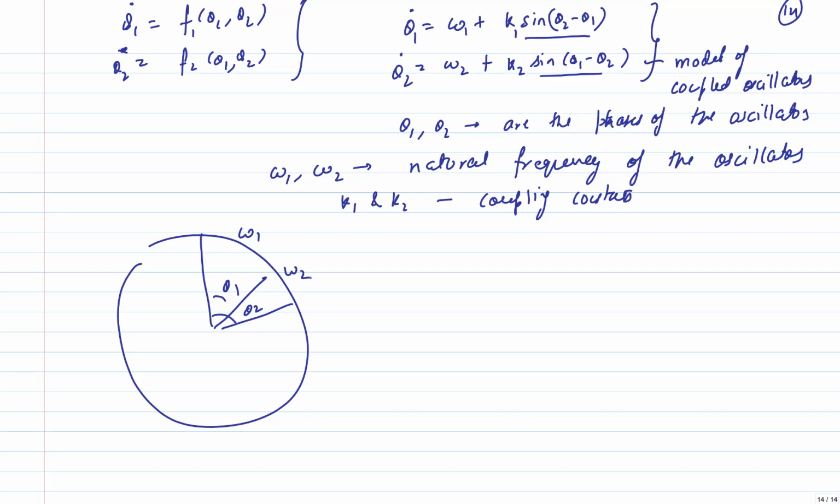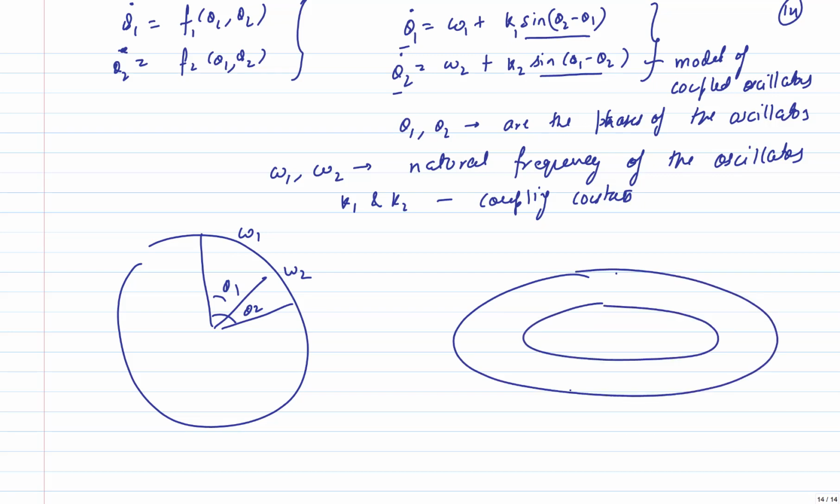So one can analyze this in two ways. We can realize this as a motion on two circles at these rates, or alternatively, one could imagine a single point tracing out a trajectory on a torus with coordinates theta 1 and theta 2. This is theta 1. This is theta 2.